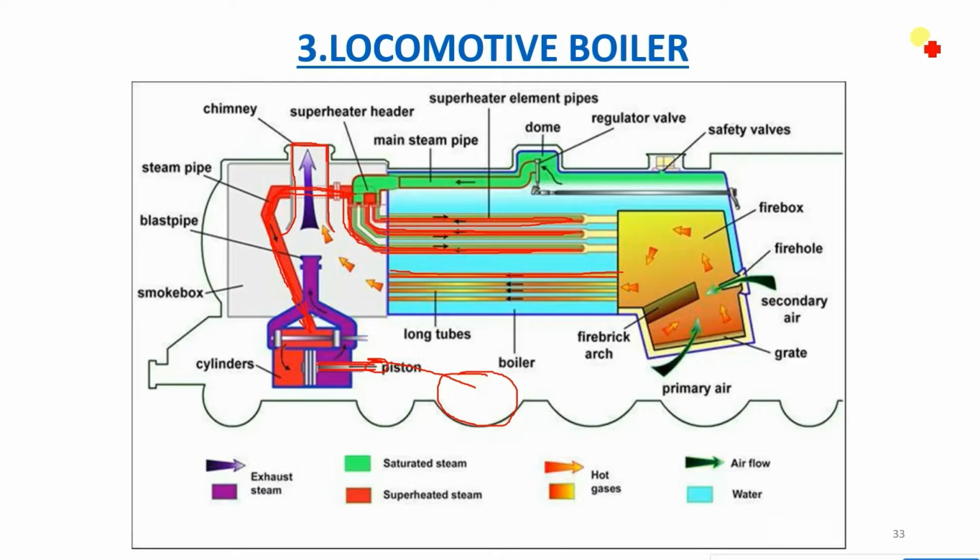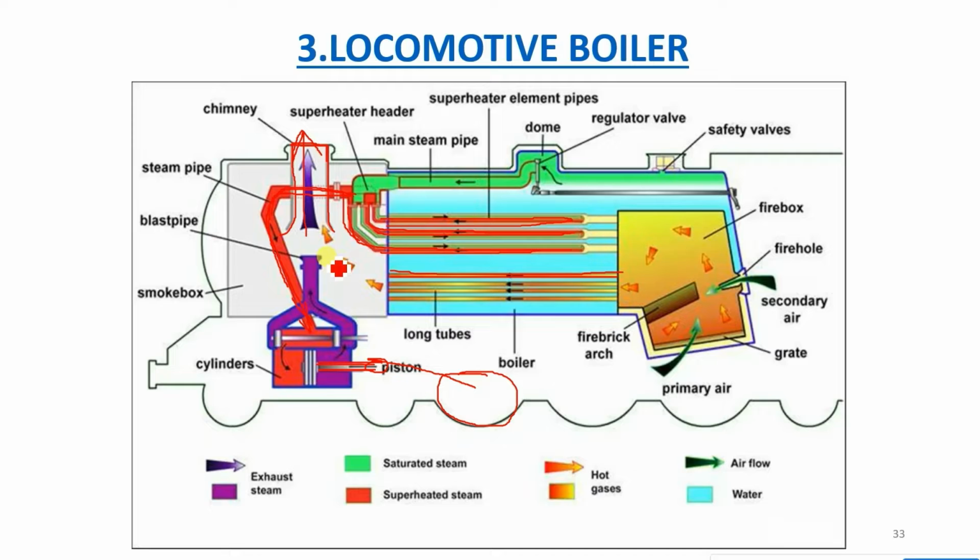So without wasting it, we use it for producing the draught. High velocity steam is passed through the chimney.